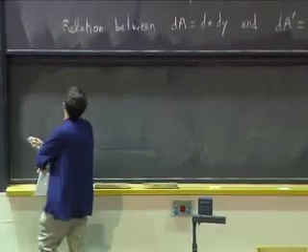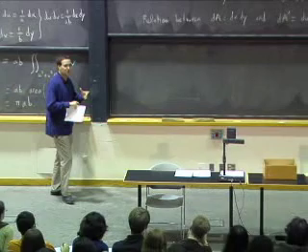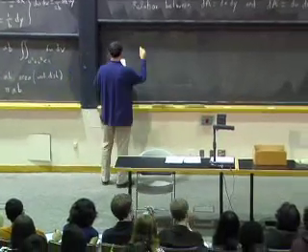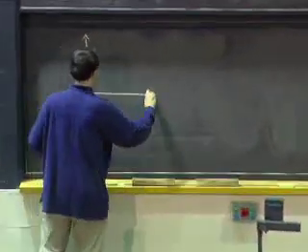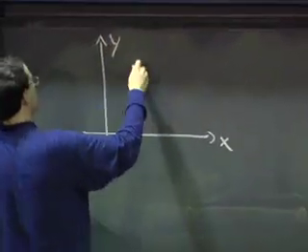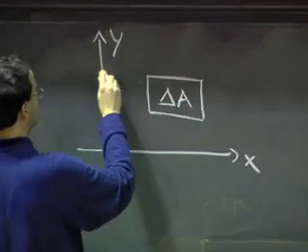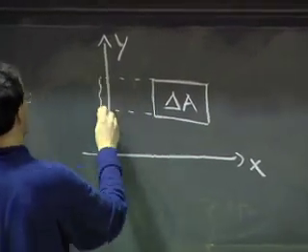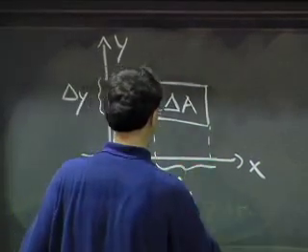So to find this relation, it's probably best to draw a picture to see what happens. Let's consider a small piece of the xy plane with area delta A corresponding to just a box with sides delta y and delta x.